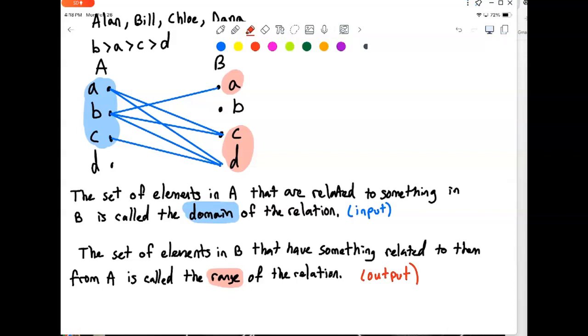Okay. So we're going to take these ideas that we've built up in these examples, and we're going to now use these to start talking about a function.